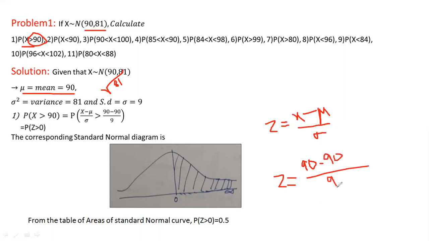So Z is equal to 0. Where Z is equal to 0, the corresponding normal distribution diagram looks like this, from 0 onwards towards positive infinity, because here we have the greater than sign.